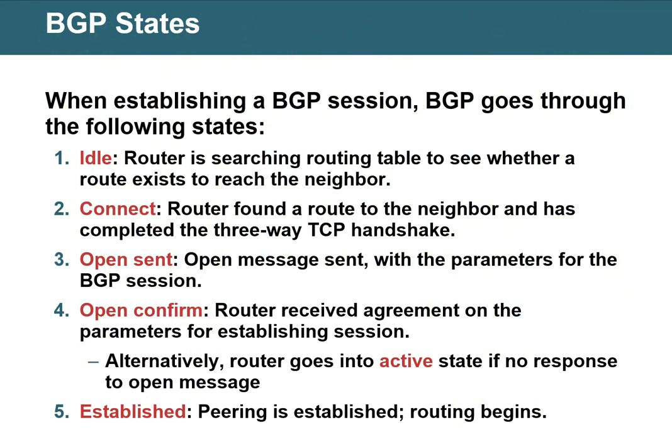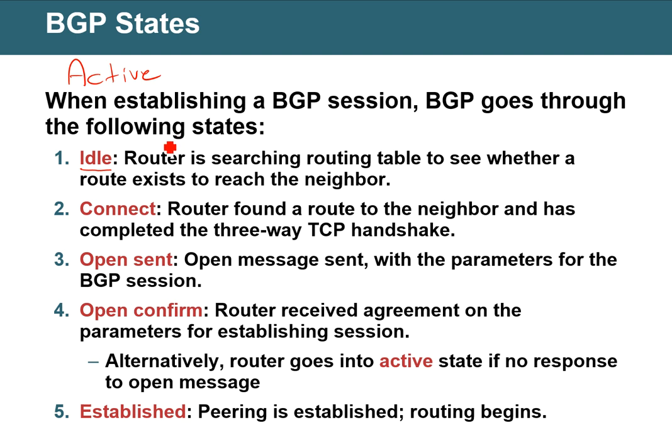Now, what are the states we have? Initially, it will be active state. Actively trying to form neighbor, it will go from active into idle. In idle state, what it does is, it takes the neighbor IP address that you configured under BGP.